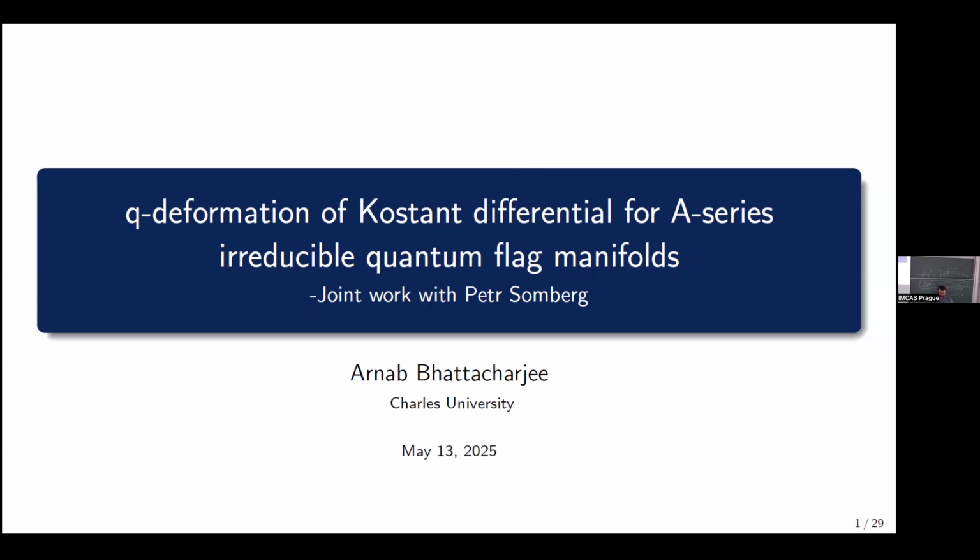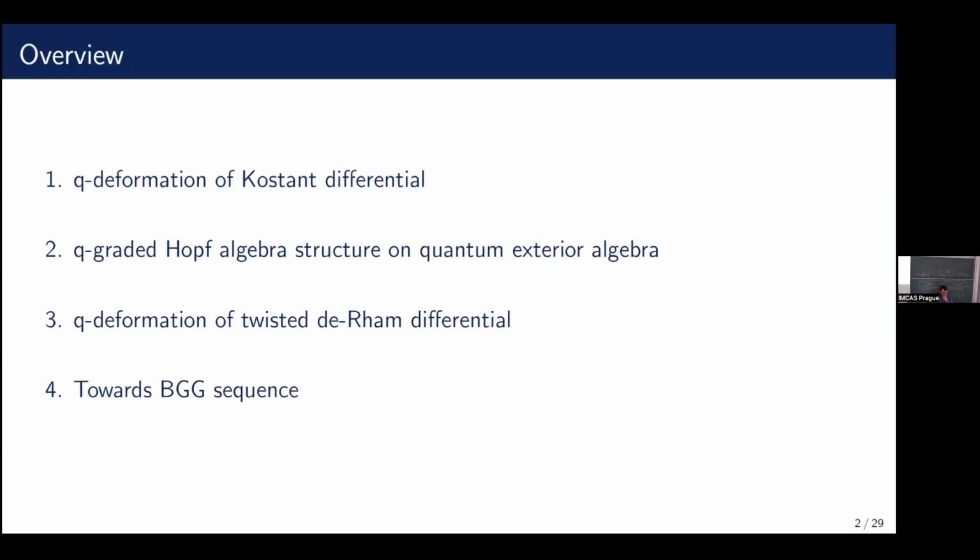Thank you very much. Okay, so the overview is like this. First, I will talk about Q deformation of Kostant differential. Second, the Q graded Hopf algebra structure on quantum exterior algebra. Third, Q deformation of twisted dynamic differential.